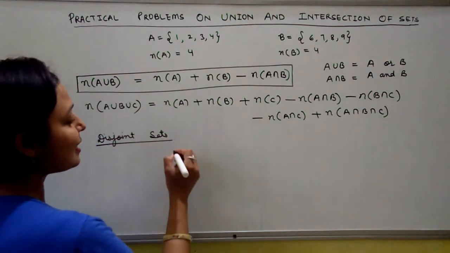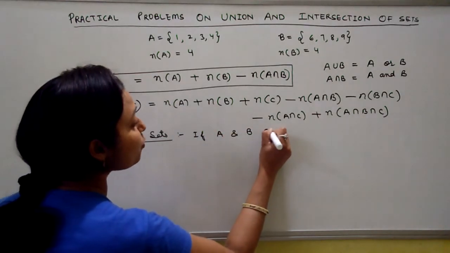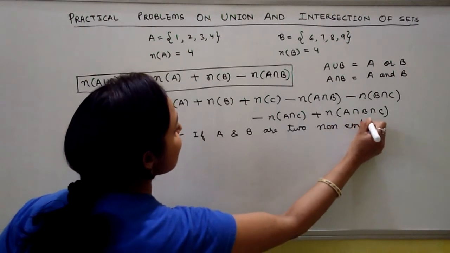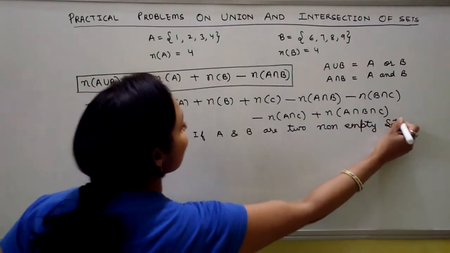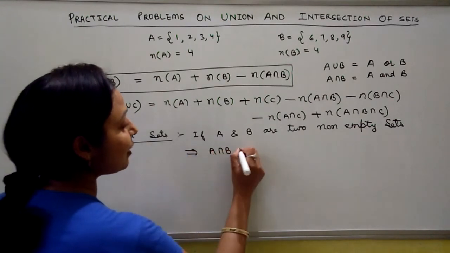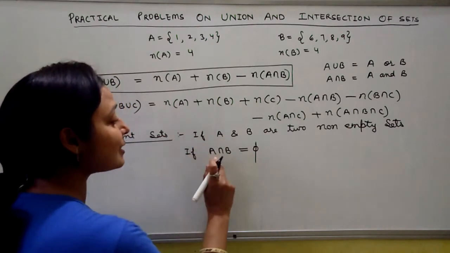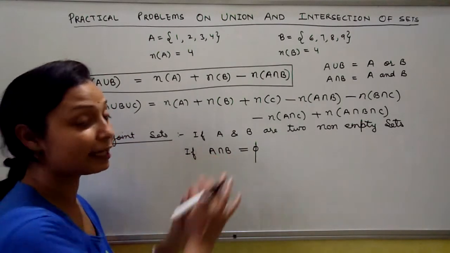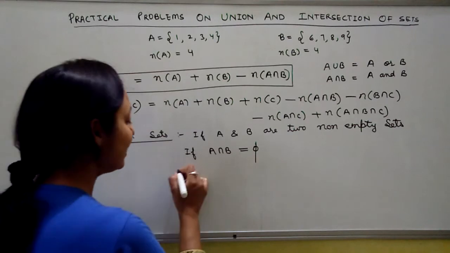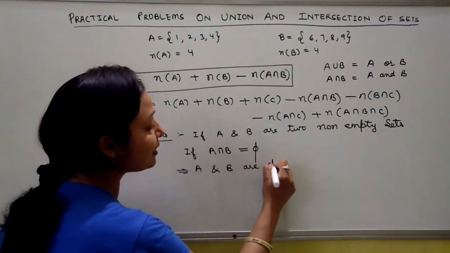If A and B are two non-empty sets, and if there is nothing common between A and B, their intersection is equal to phi, then this implies A and B are disjoint sets.